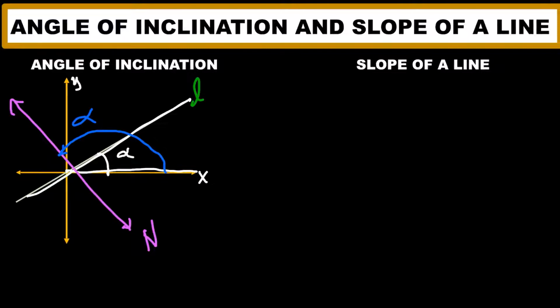We can have it here, but we're going to change also the sign because we are now measuring the angle in a clockwise direction, so that will give us a negative alpha.